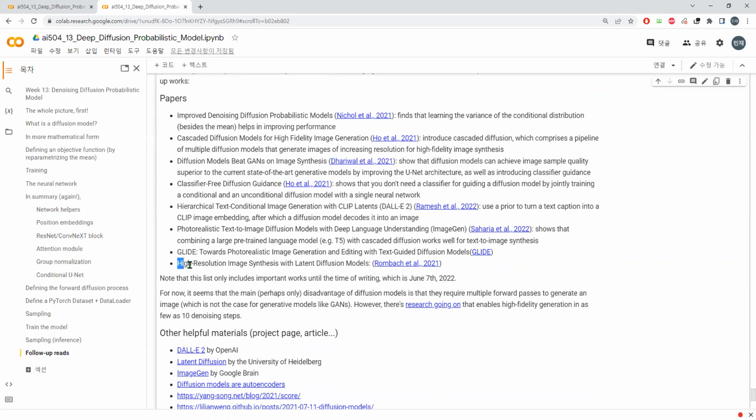Maybe you have heard about Stable Diffusion, and Stable Diffusion employed this scheme, which is named the latent diffusion model.